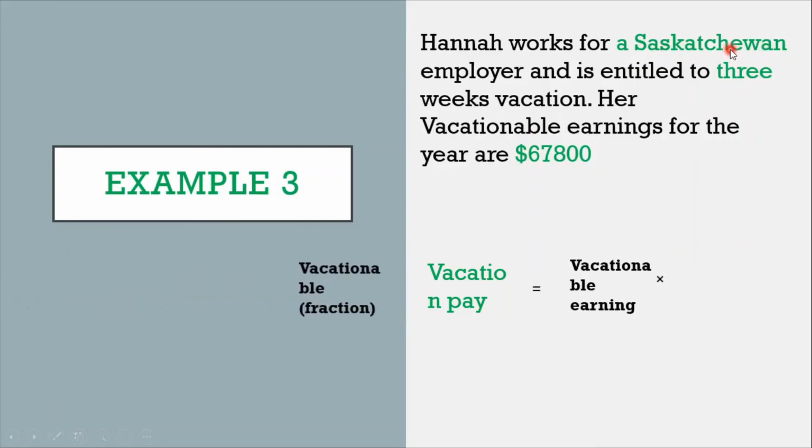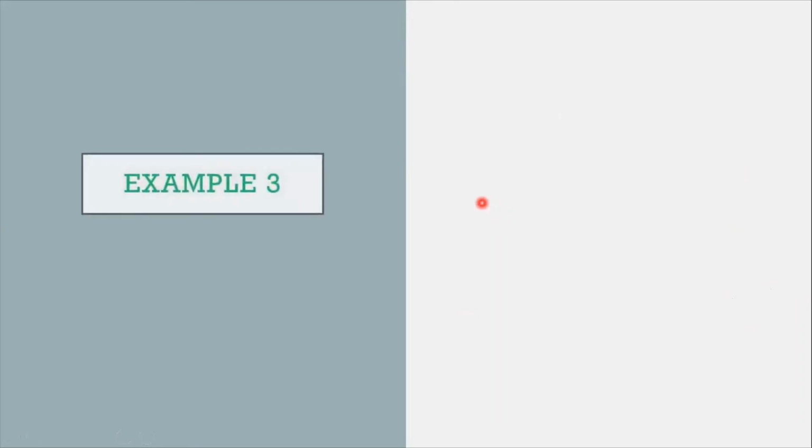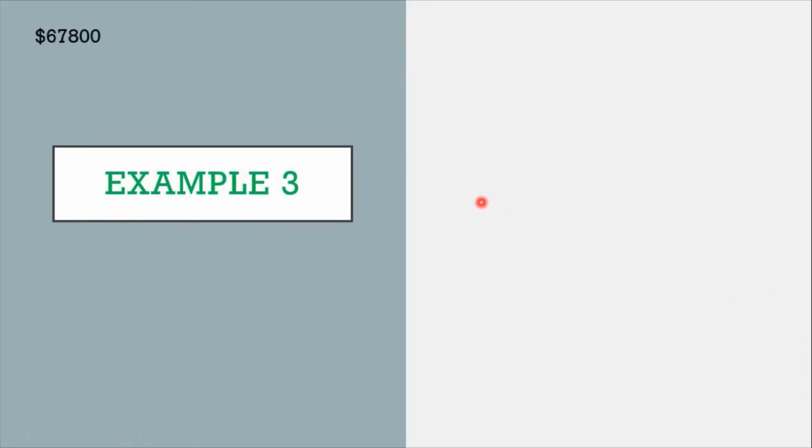Then you will not mess up the percentage, and you will know whether you're using the fraction or the percentage. So you have the fractional vacational, and then you can calculate and get the right numbers instead of using the percentage, the other one. For Saskatchewan, we are going to use the fraction.